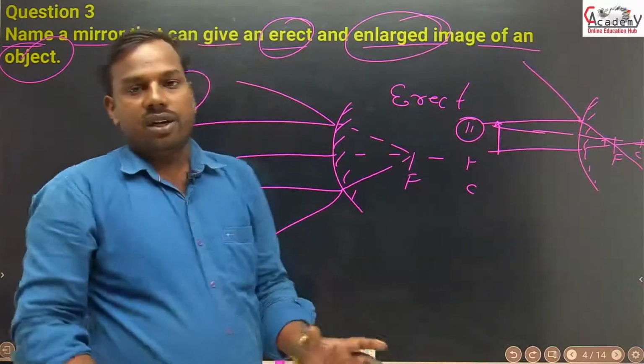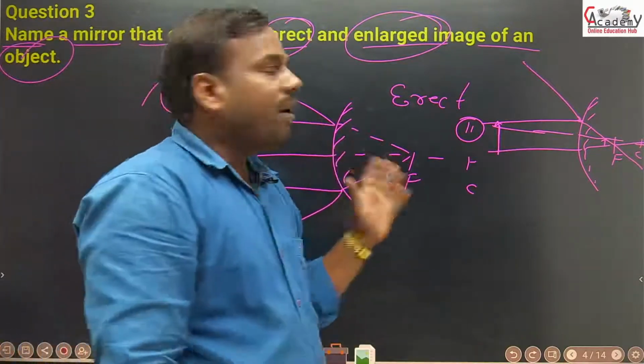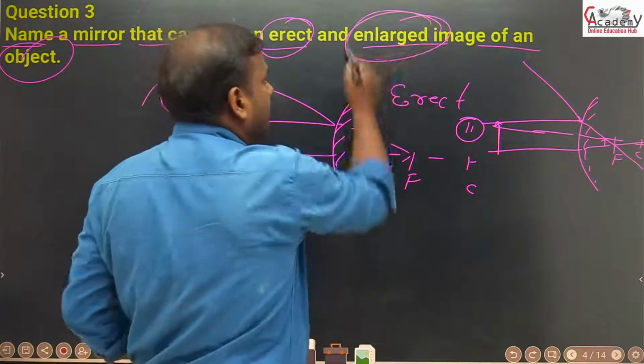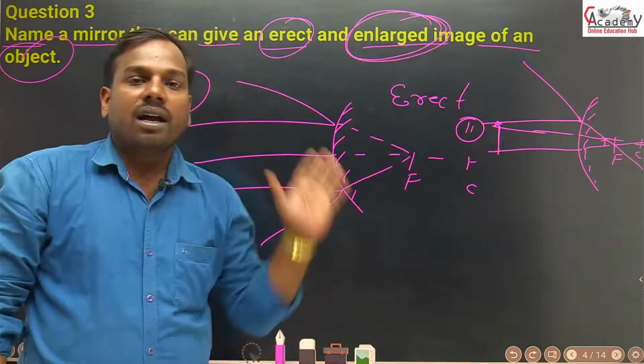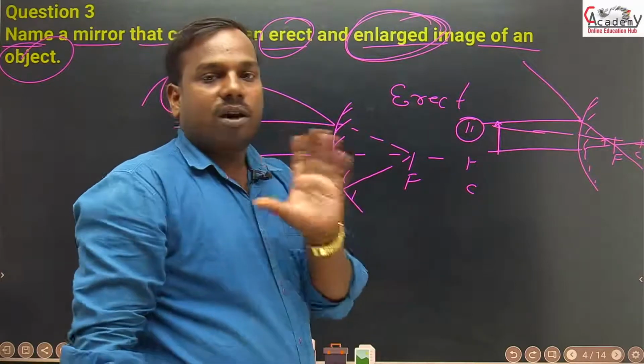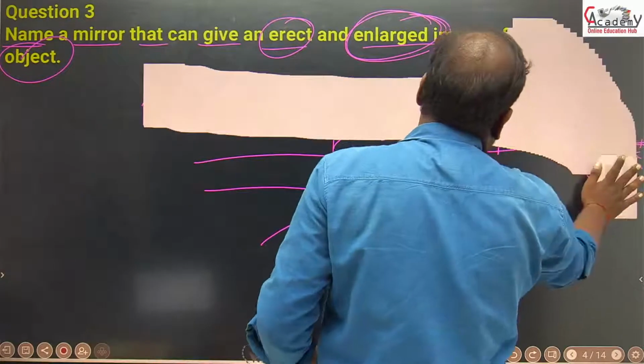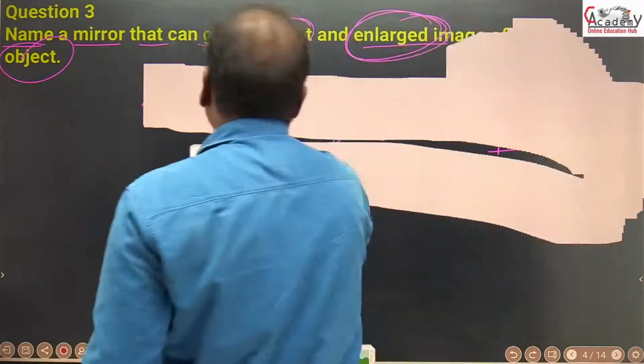In both conditions, first and second, we get an erect image, but it is not enlarged. We always get an image smaller than the object. We already discussed this with you in a previous video.